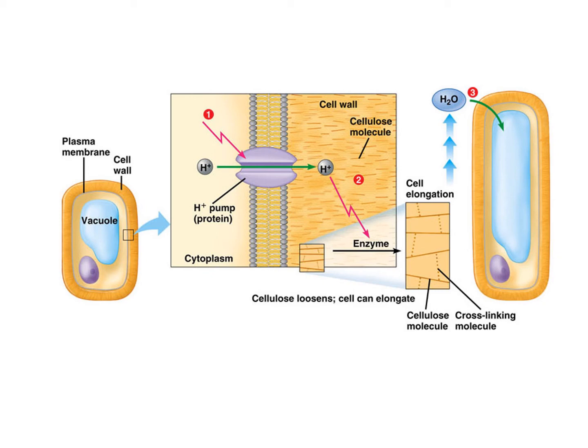At a lower pH, some of the hydrogen bonds that cross-link the cellulose molecules are broken. That makes the cell wall looser. The internal hydrostatic pressure then causes the cell to stretch and elongate, and that results in that asymmetrical growth.